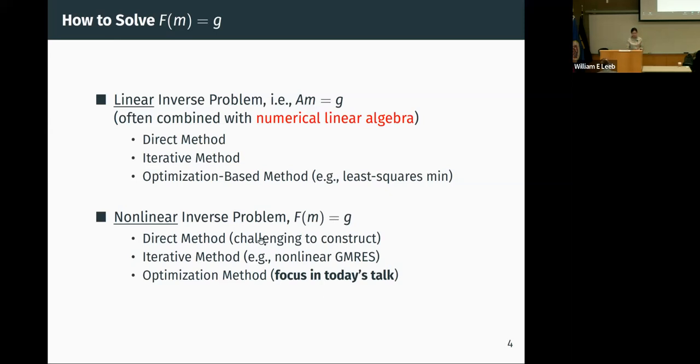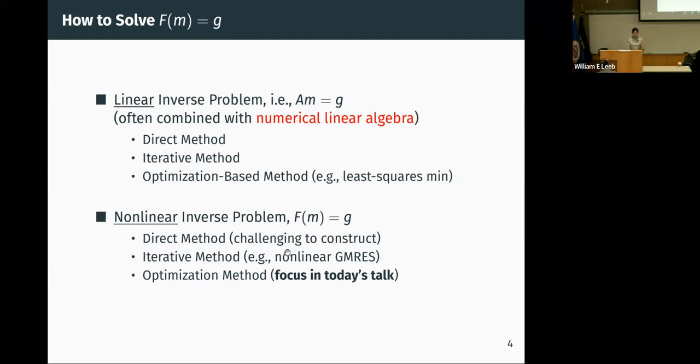For some particular problem, if you know the inverse problem so well, you can actually cook up a direct method, which means you have an inversion formula directly. But that needs a lot of assumptions on the data and requires you to know the problem very well. It's possible, but really challenging to construct such a direct formula.